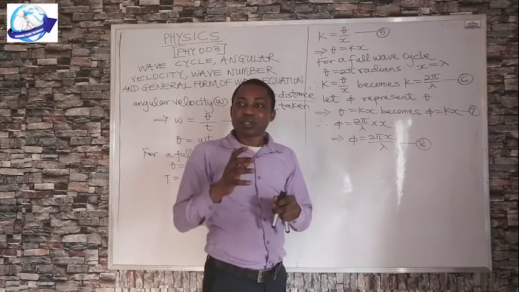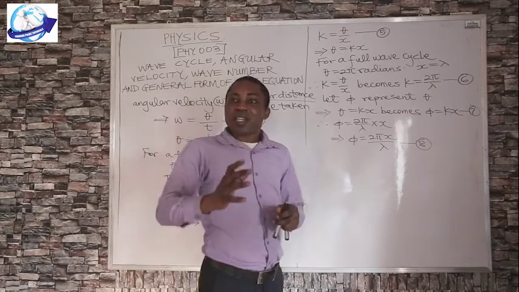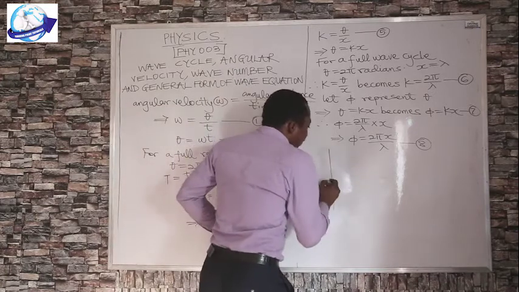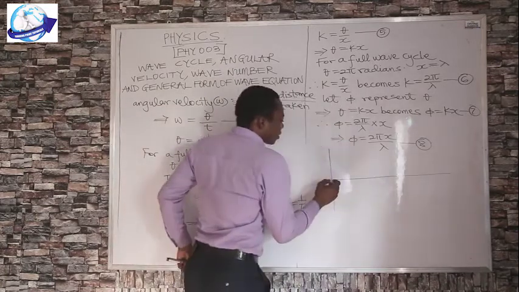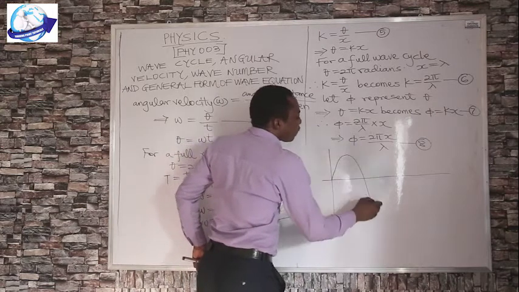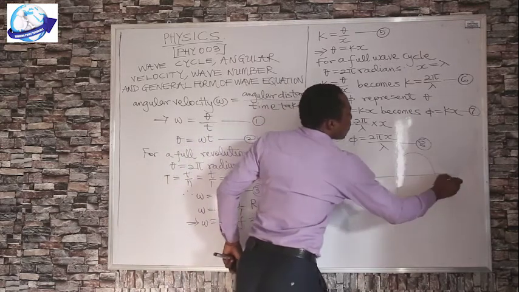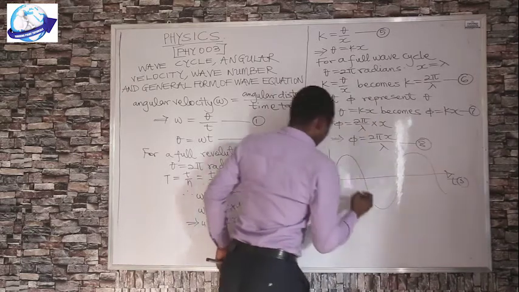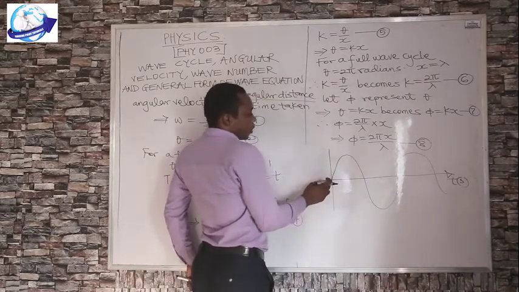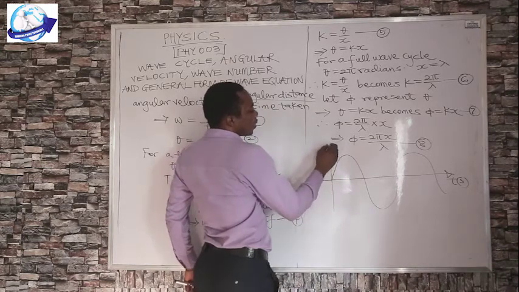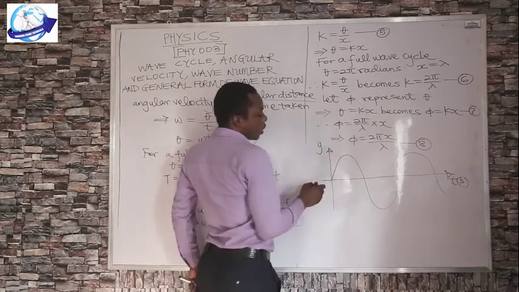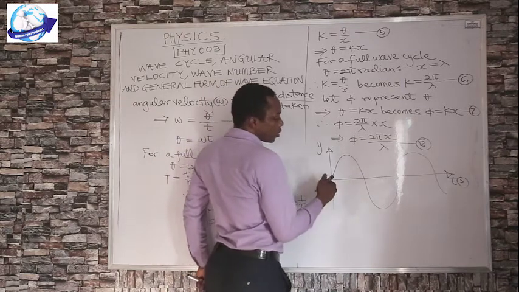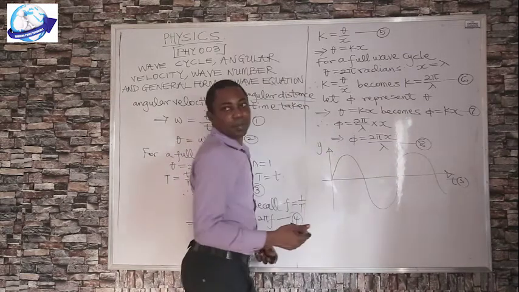Then if we look at the motion and plot the displacement-time graph for that motion, it will look something like this. It's in a sinusoidal form, a sinusoidal graph. Looking at it very well, this is a vertical motion, the vertical direction, that's the y-axis, and then the horizontal axis is the time axis.